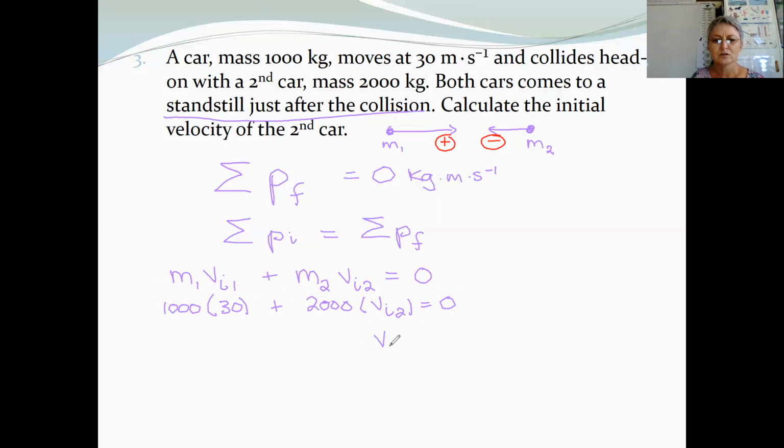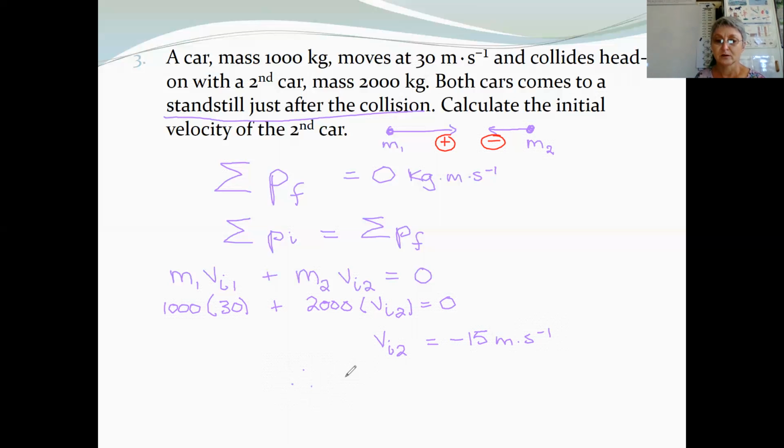Our second car's initial velocity works out to be negative 15 meters per second. The meaning of the negative is that it's coming towards car 1. It's traveling in the opposite direction to car 1.